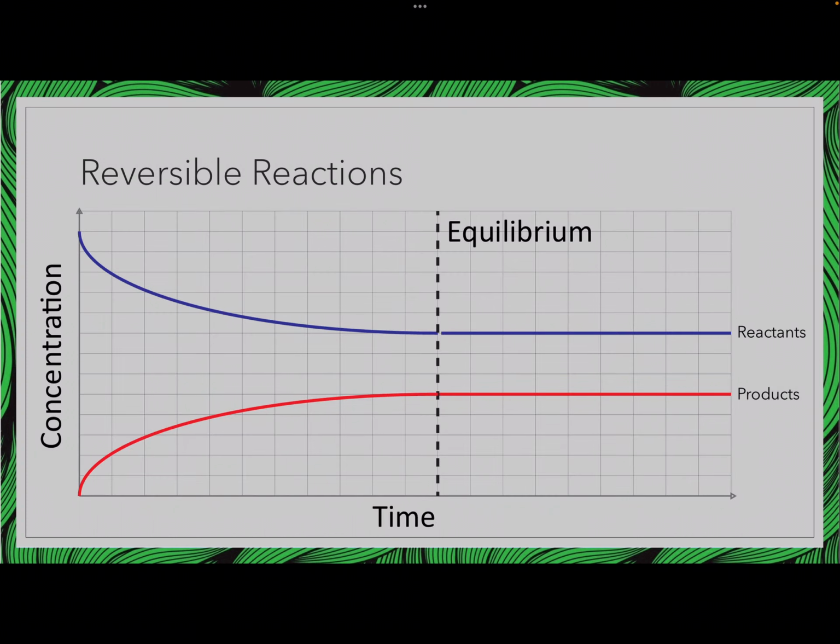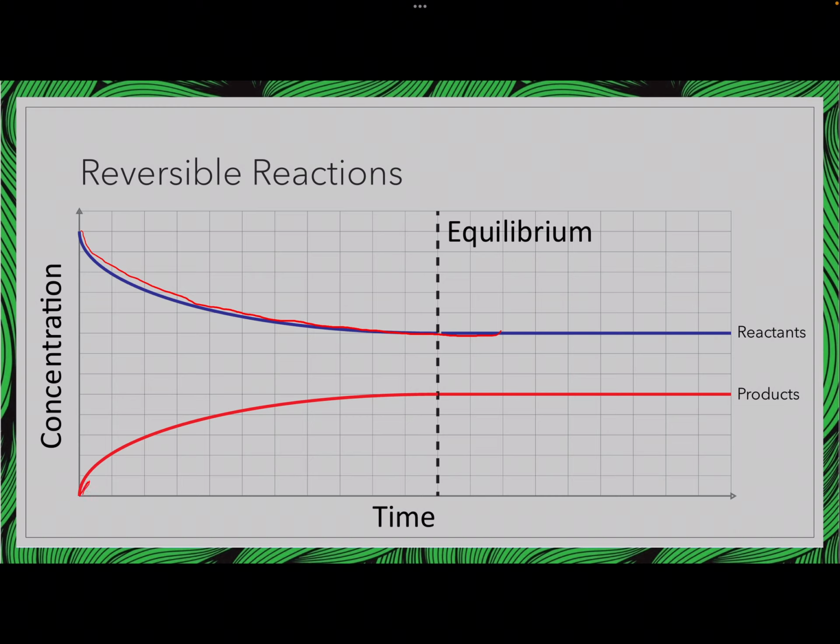So this is an example here. We've got a reversible reaction where we start off with reactants. Slowly over time, the reactants are used up. The concentration goes down, slows off, reaches a point where it becomes constant. Okay. As the reactants react, products are formed.